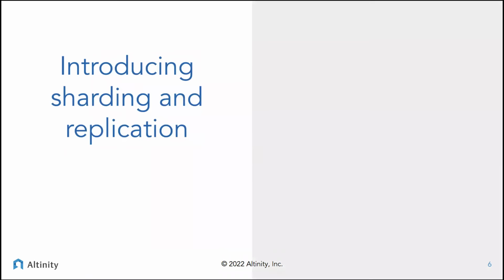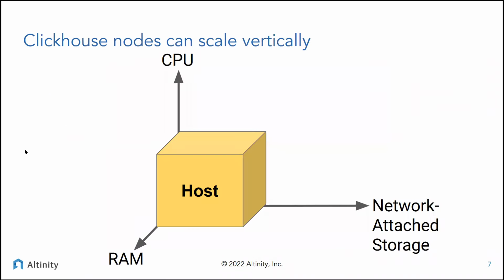Let's introduce it. So let's think about scaling, because this is the big reason why you are going to apply sharding in particular, but often replication as well. ClickHouse nodes are great at scaling vertically, which is to say, replacing whatever machine you're running on with something more powerful. So here's an example where we have some host, it's out in the cloud, it has network attached storage like EBS, if it's running on Amazon, and has a certain amount of RAM and a certain amount of CPU.